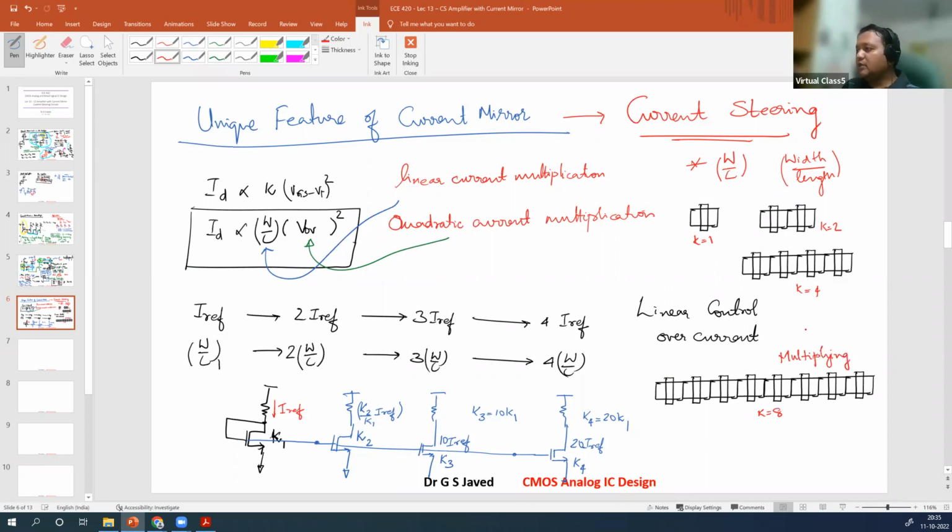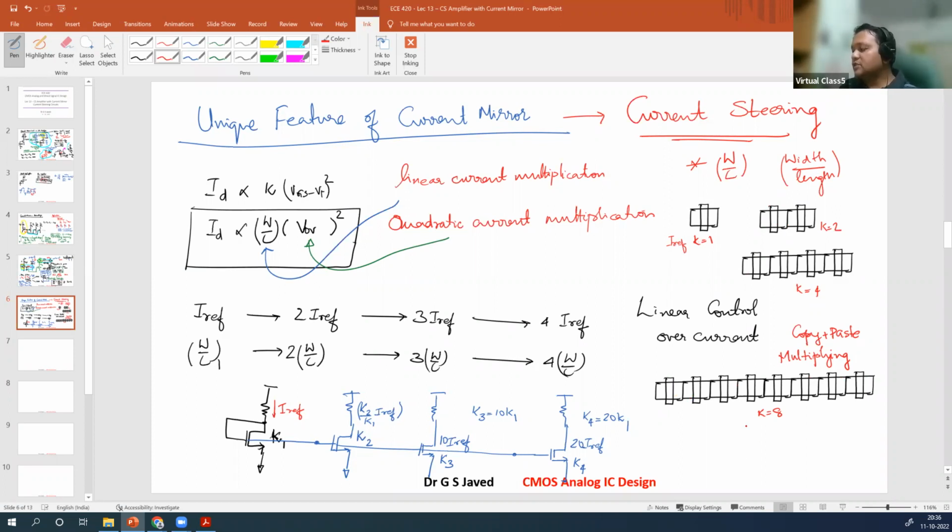Or you could say you're doing a copy plus paste. So the same environment, what you see, you will just come across here. Right? So you've got transistors here. If you have IREF current flowing through this transistor, you will have 2 IREF flowing through the combined transistors here. Similarly, you will have 4 IREF flowing through the combined transistor here. You will have 8 IREF flowing through the combined transistor here.